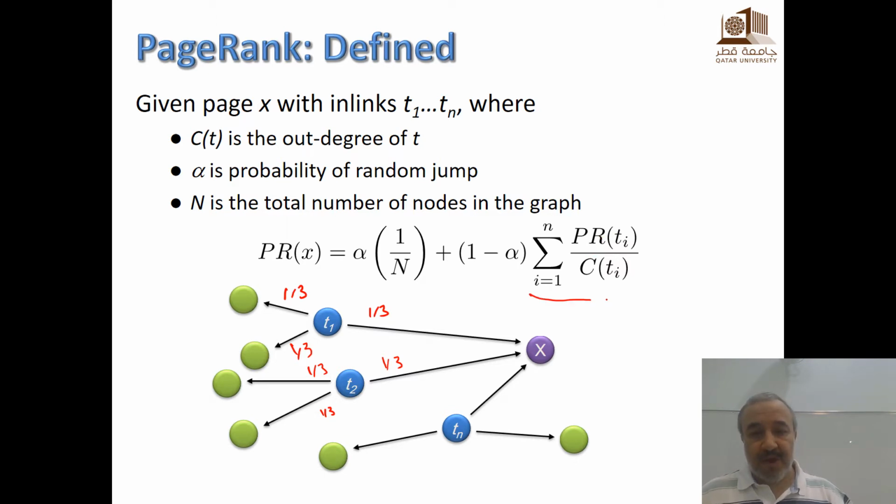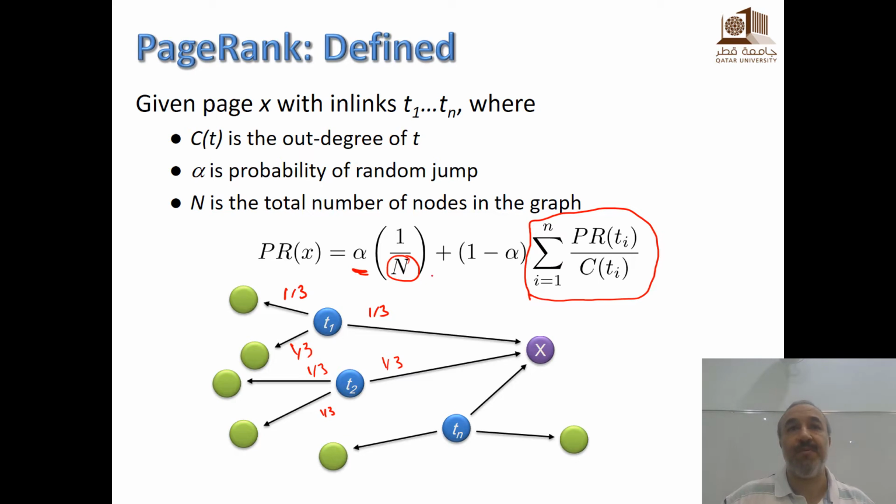And that number now that is coming from my inlinks is multiplied by 1 minus alpha, because that's the probability of going through this model, right? And on the other side is the random side. Okay, I can go randomly by alpha, and the probability that I will be visited is just 1 over the total number of nodes in the graph. Okay, so that's the interpretation of the PageRank computation.